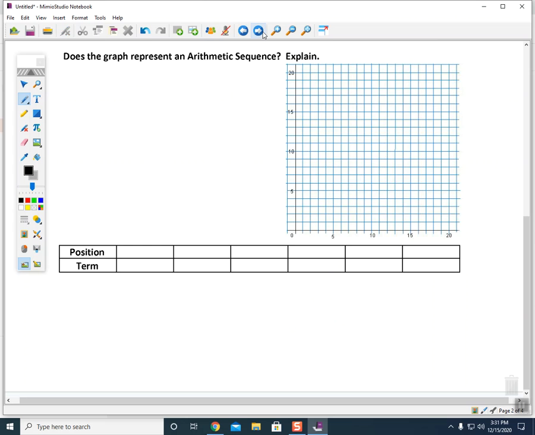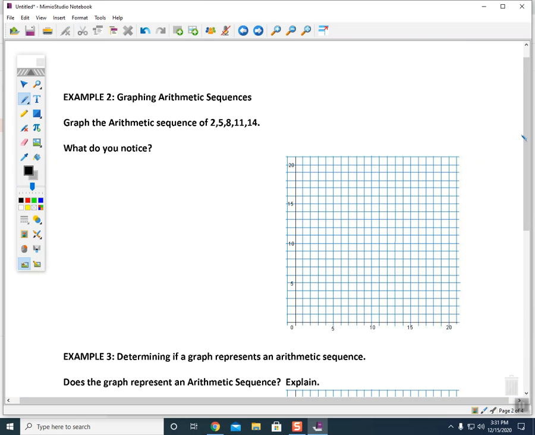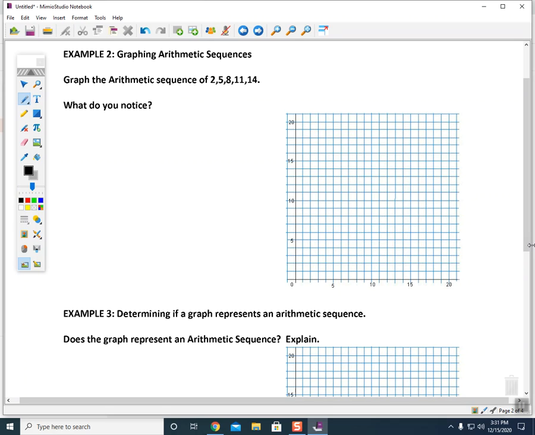All right, this is where it's going to start to become a little bit more complex. So I've been given this arithmetic sequence of 2, 5, 8, 11, 14. It's asking me to graph it. So first thing that I want to do is list these out as a table.